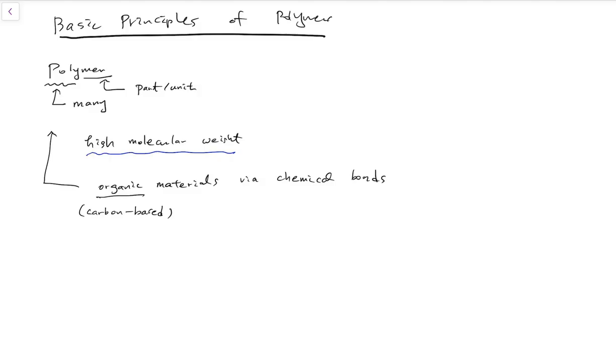If you recall from general chemistry class, there are two different kinds of bond. The first kind are primary chemical bonds, and the second are secondary chemical bonds. There are three different kinds of primary bond: covalent bond, ionic bond, and metallic bond.